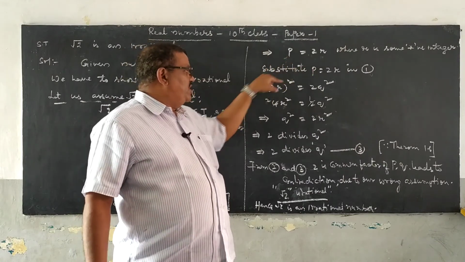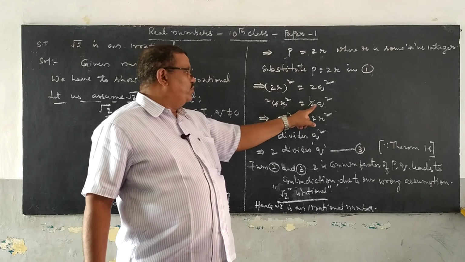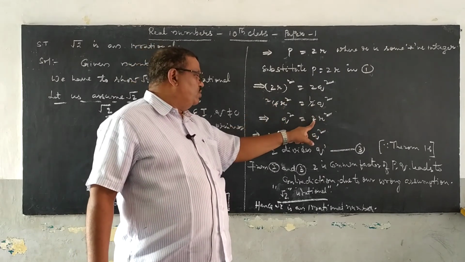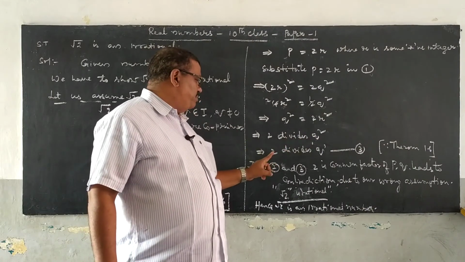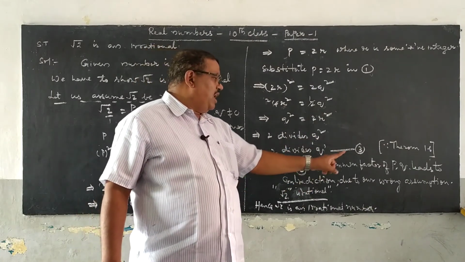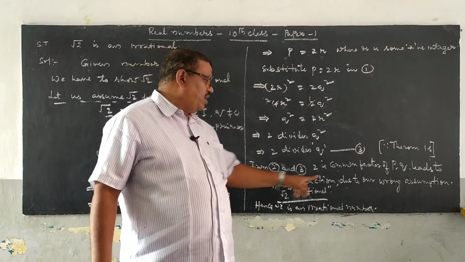Substitute this in equation 1: 2R whole square equals 2Q square, 4R square equals 2Q square, so Q square equals 2R square. 2 divides Q square, which means 2 divides Q. From 2 and 3, 2 is a common factor of P, Q, which leads to a contradiction.